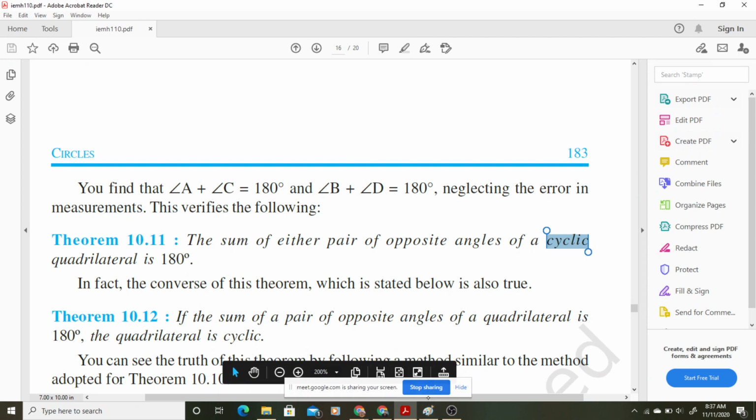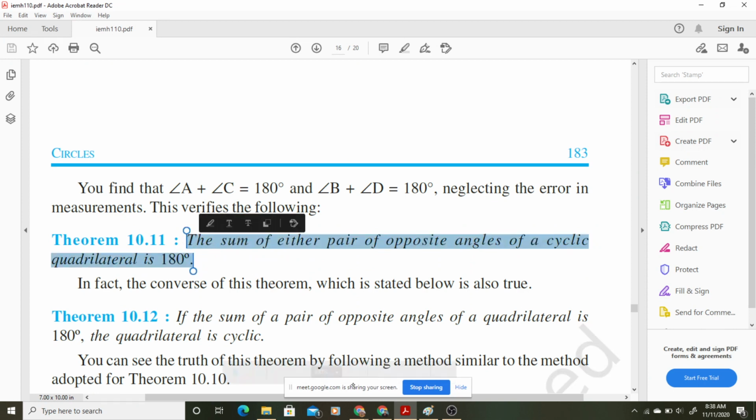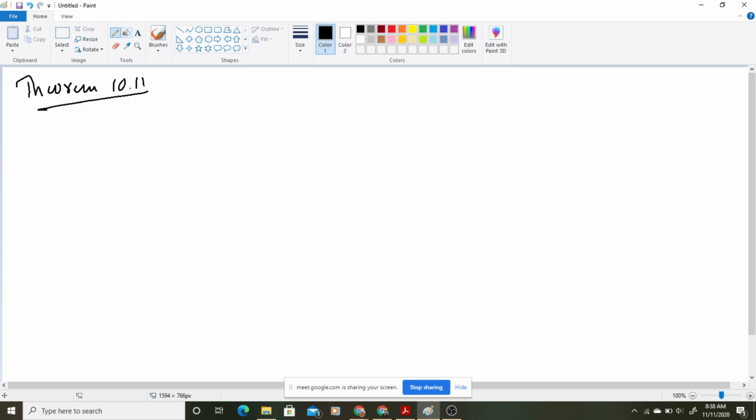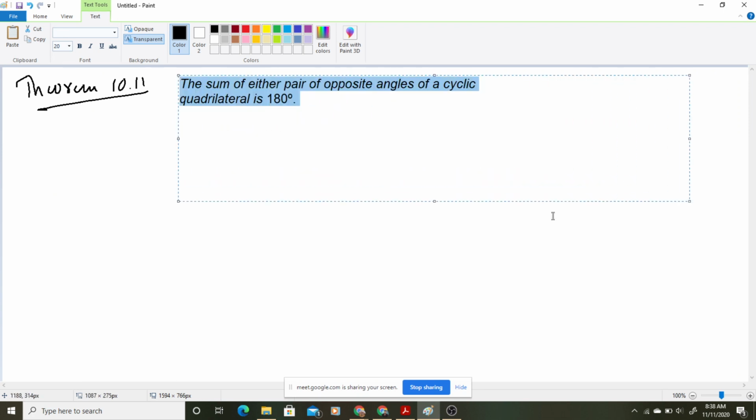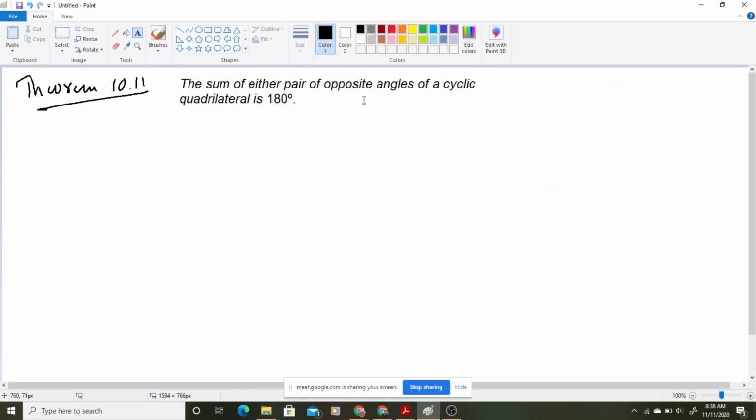That means if you are given a cyclic quadrilateral, okay, I'll copy this one from here, so you can see it written. Okay, so see, this is the theorem, the sum of either pair of opposite angles of a cyclic quadrilateral.